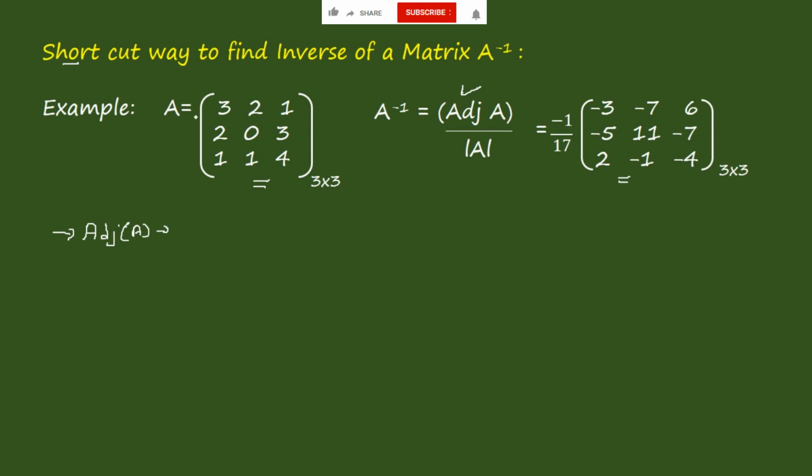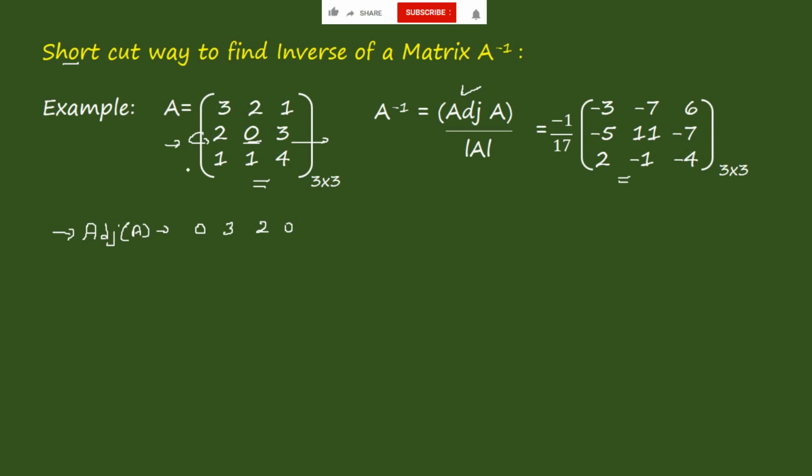For this one, what we do is consider the middle term in the 3 cross 3 matrix. Consider the middle term, then go to the right and come back, and write down the numbers. It becomes 0, 3, 2, 0. You have started here, right?